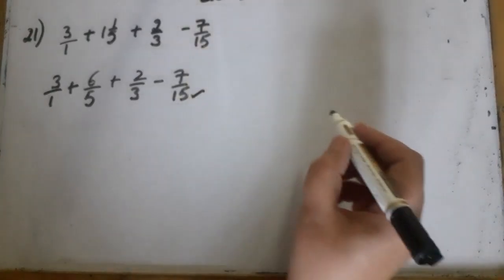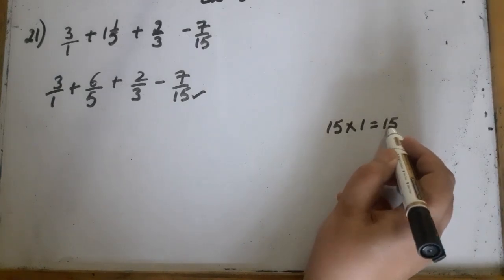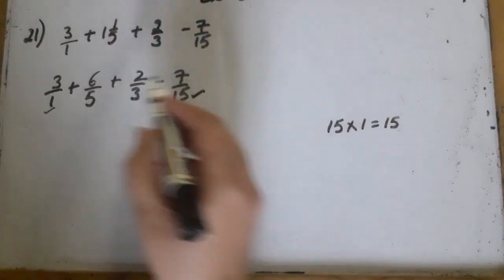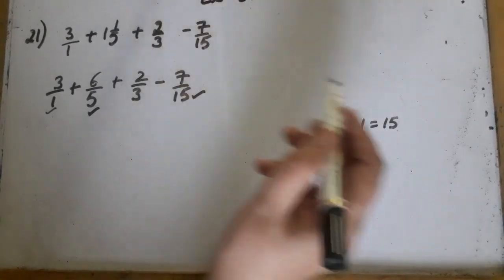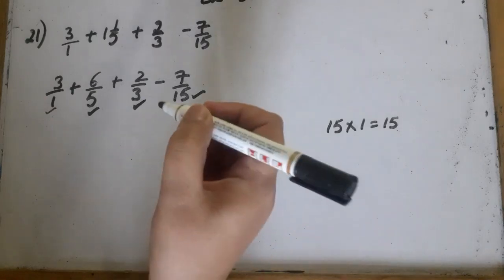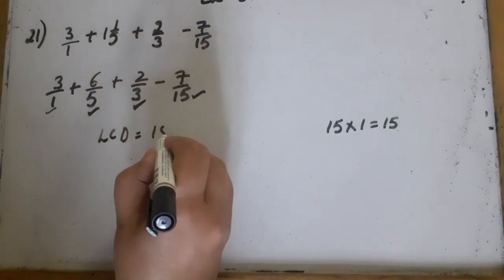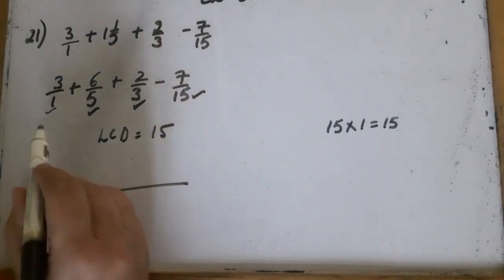So say the table of 15, take out the multiples of 15. 15 ones are 15. So do you get 15 on the table of 1? Yes. Is 15 a multiple of 5 also? Yes. 5 3s are 15. Is 15 a multiple of 3 also? Yes. 3 5s are 15. So it means 15 will be my least common denominator. So all these fractions will have the denominator 15.